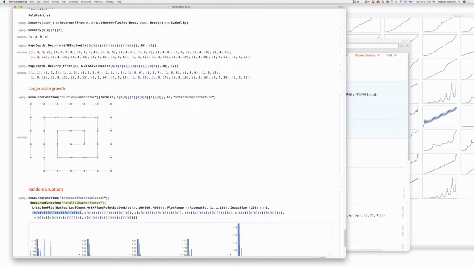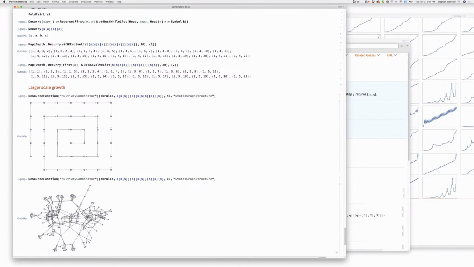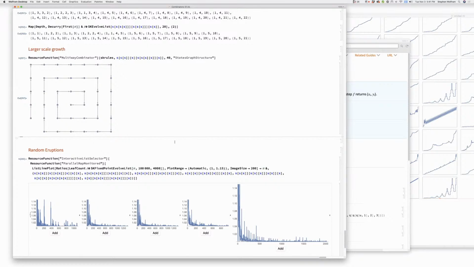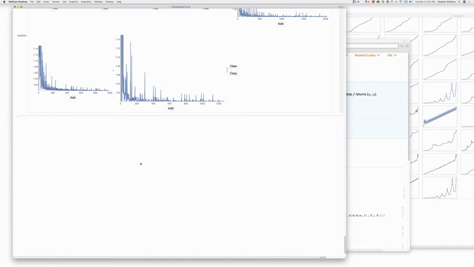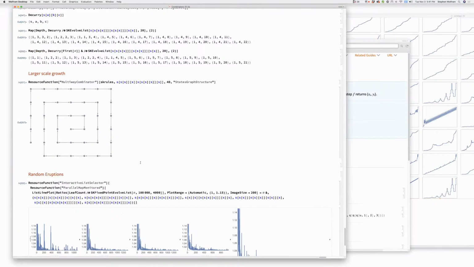Let's try one of these that's much less regular. Okay, good. All right, now I feel better. Okay, so we're not making a mistake here.